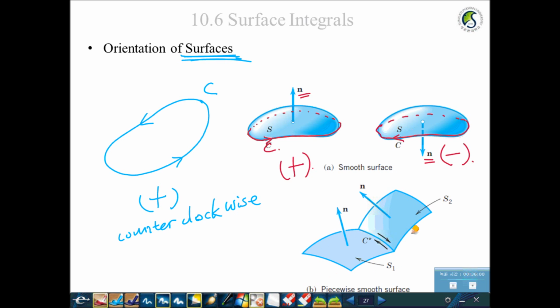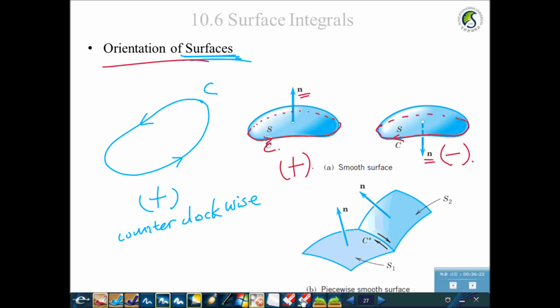This one is connected, and each one has its own rotation of the C boundary. That has to be positive since it's counterclockwise. But if the other one is negative, that means they cancel each other during the calculation. That's the orientation of surfaces.